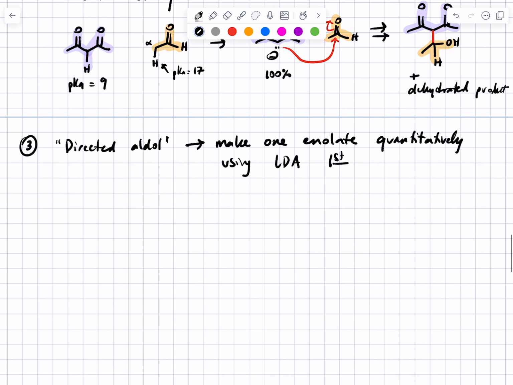And then, and only then, in a second step, you introduce the carbonyl electrophile. And you keep the reaction cold to prevent the one enolate you just made from deprotonating the other carbonyl compound. And if you're careful, it'll work well. I will illustrate that strategy for you next time.